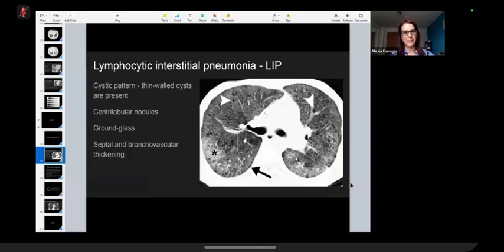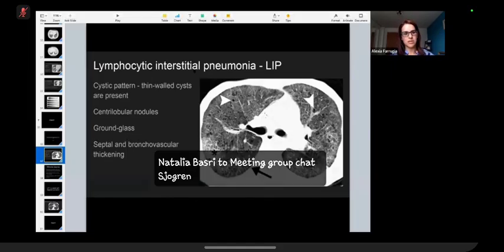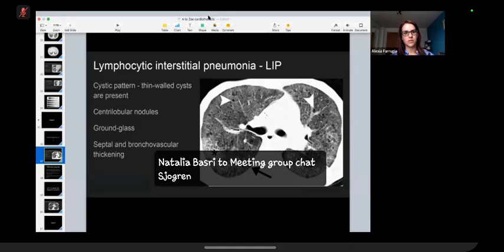this was my slide: LIP, cystic pattern predominant, thin wall cysts, centrilobular nodules, and ground glass.